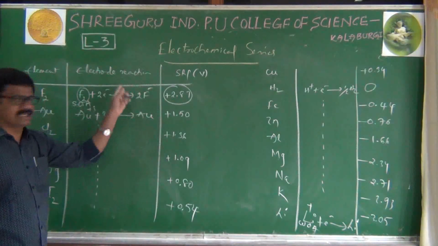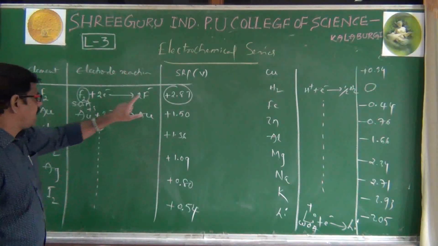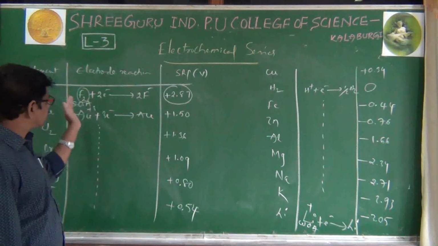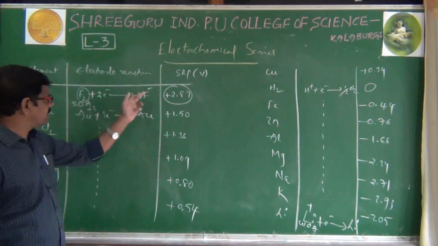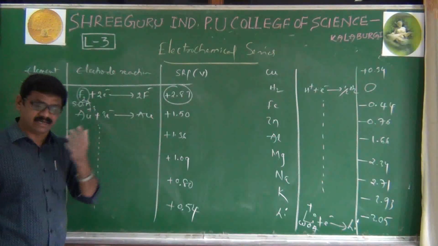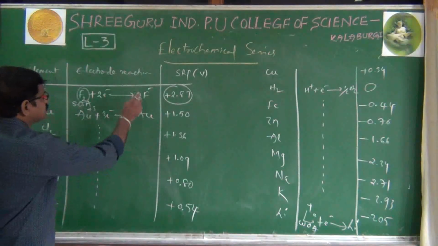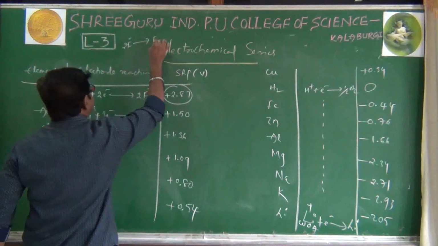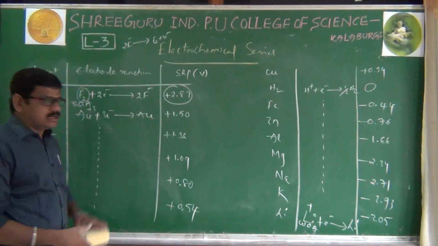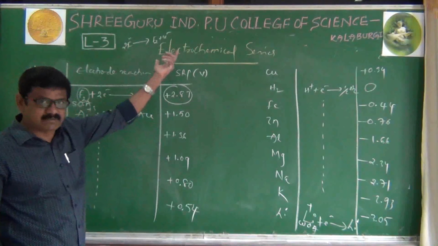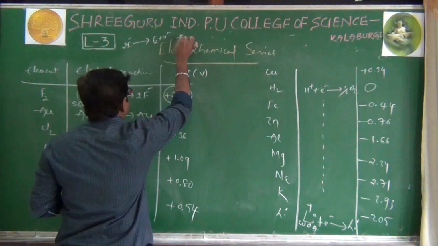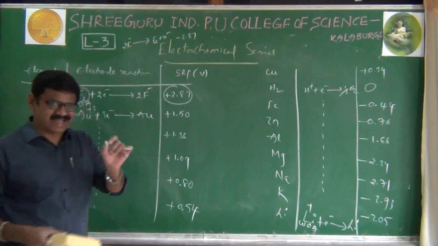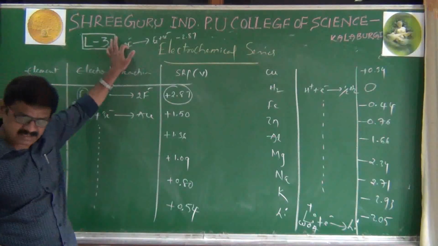Next we'll see F minus. If you observe the reverse reaction, it becomes oxidation. Forward reaction is reduction, so of course the backward reaction is definitely oxidation only. If 2 F minus ions, by losing 2 electrons, are converted to F2, the reduction potential value becomes reversed, it becomes an oxidation potential value. That's why minus 2.87 is the standard oxidation potential of F minus.